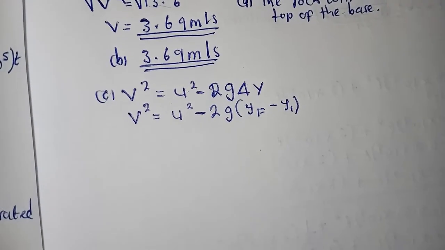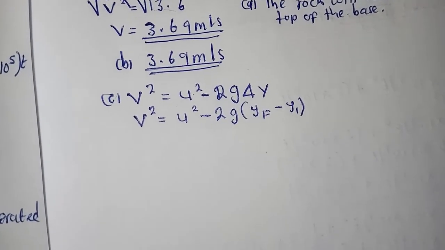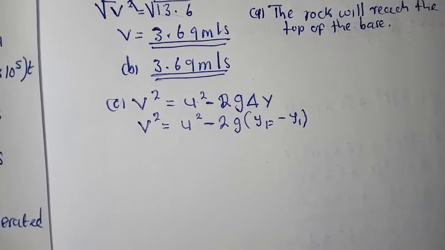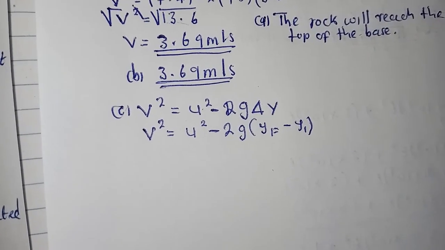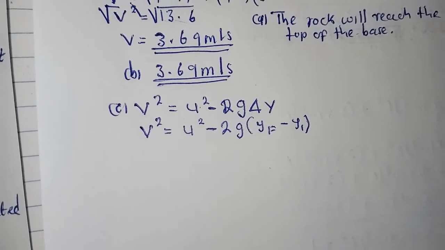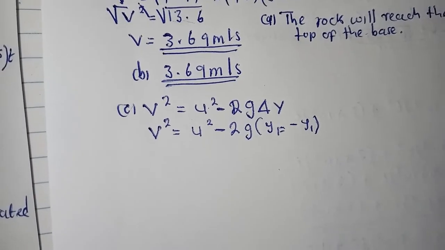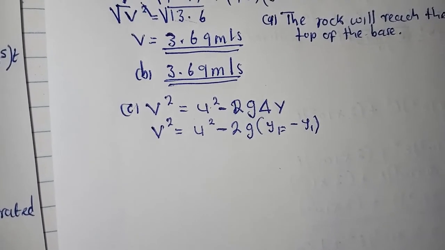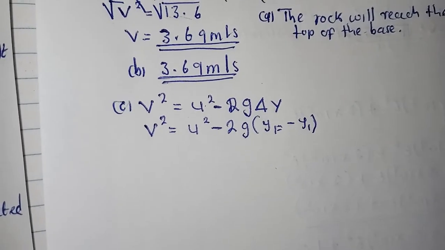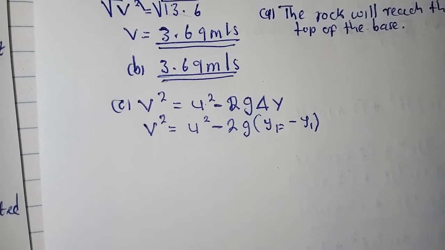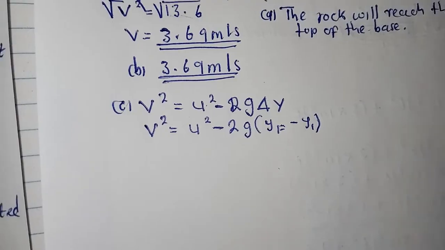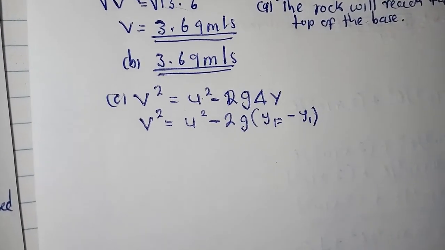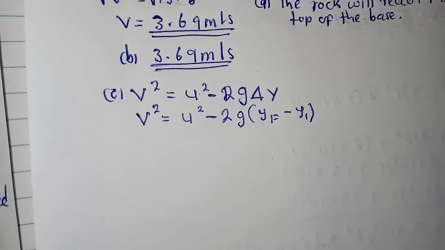Now for this one, you need to be very, very careful, because the question is saying, find the change in speed of a rock thrown straight down. This rock is not going upward, it's going from up to down. It's coming from the top, going downward.